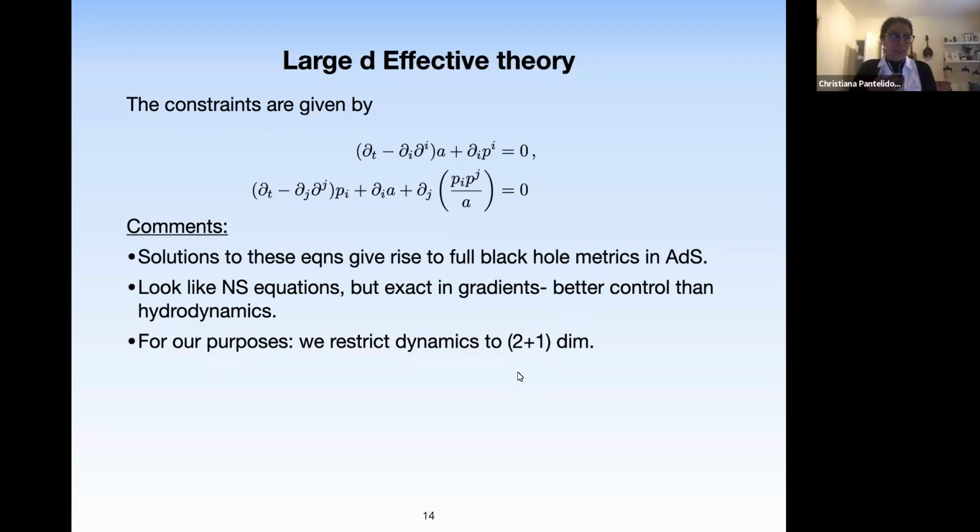Oh, this is not my result. I think it was probably by Minwalla's group. Essentially, they went to very high order in the 1 over D expansion, maybe 6 orders, 7 orders. And they saw that from a certain point on, the convergence wasn't getting any better if you added more orders.